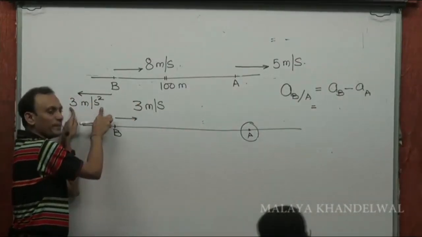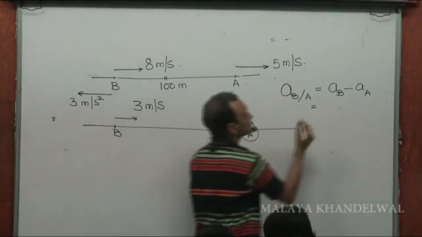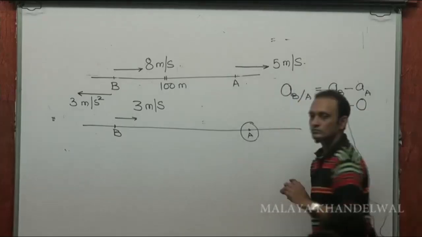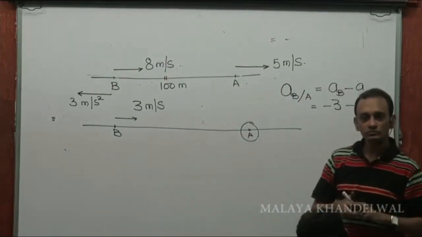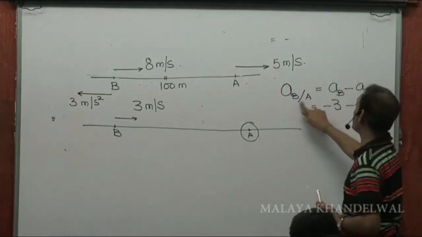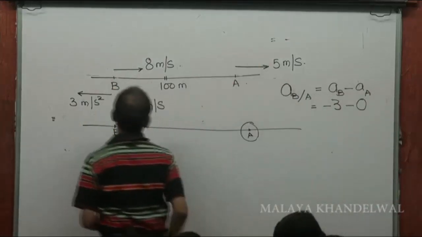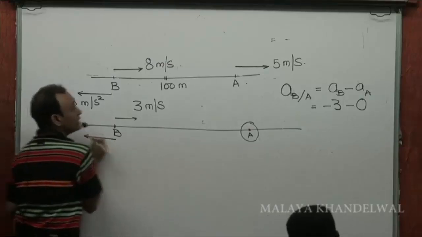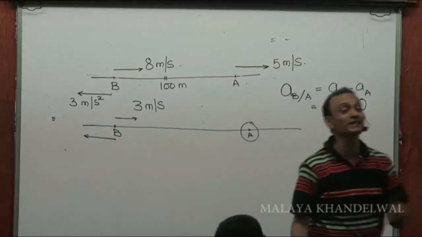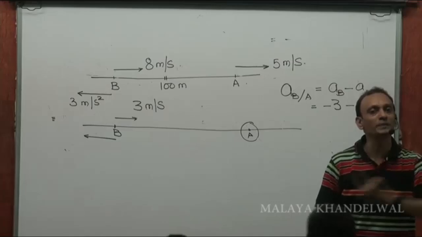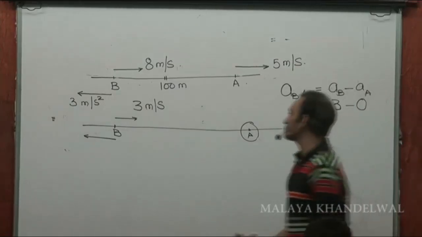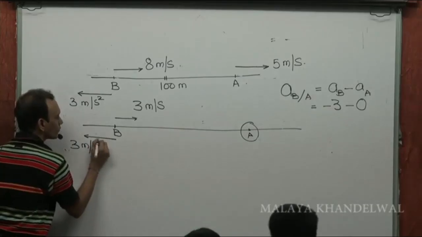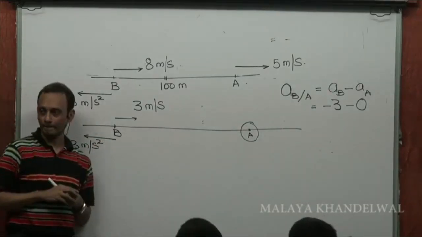So acceleration of B would be -3, and acceleration of A is 0. That means in the equivalent situation, B has an acceleration of -3 meters per second squared, that means 3 meters per second squared to the left. Clear?